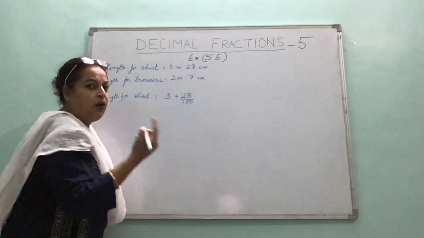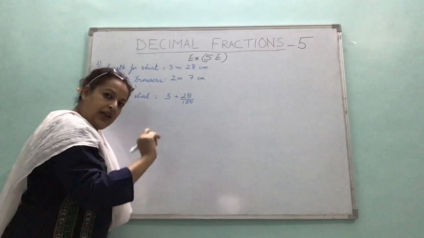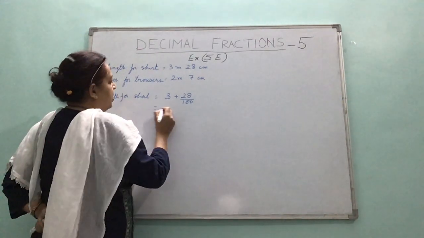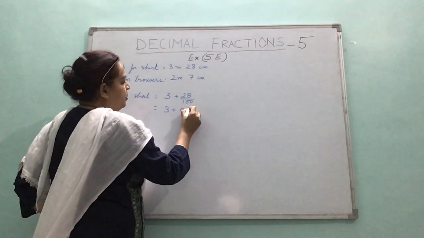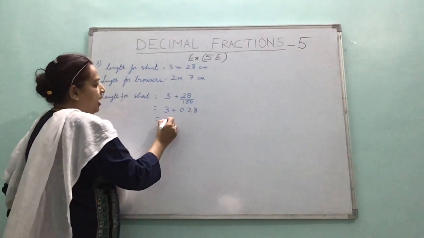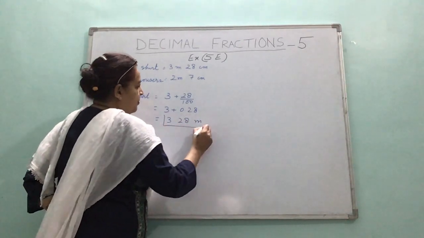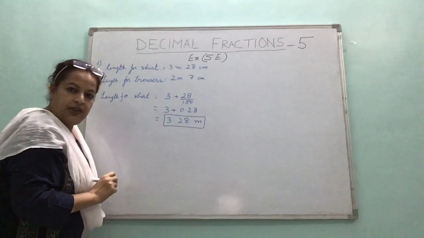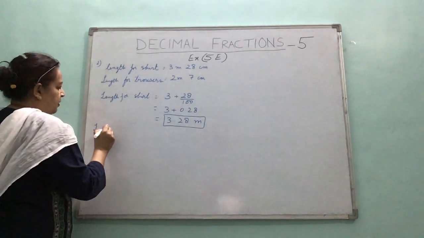Remember, dividing by 100, or you can directly convert to decimal. Both steps. If you have understood, you can directly convert to decimals also. So it is 3 plus, 2 places 0.28, and when you add it, it is 3.28 meters. Convert it to meters.